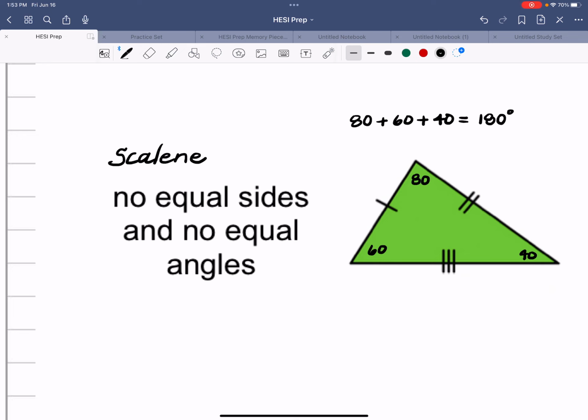But because none of the angles match, none of the sides will match. So this one may be 15 feet. This one may be 18 feet. And maybe this one is 12 feet. I'm just making up numbers. But I do know that none of them match because it is a scalene triangle. No equality at all on this one.